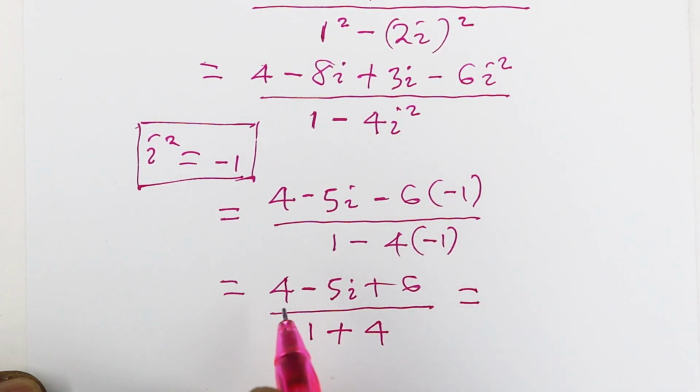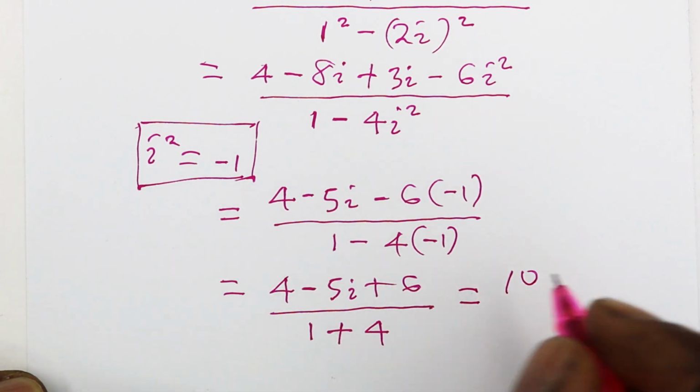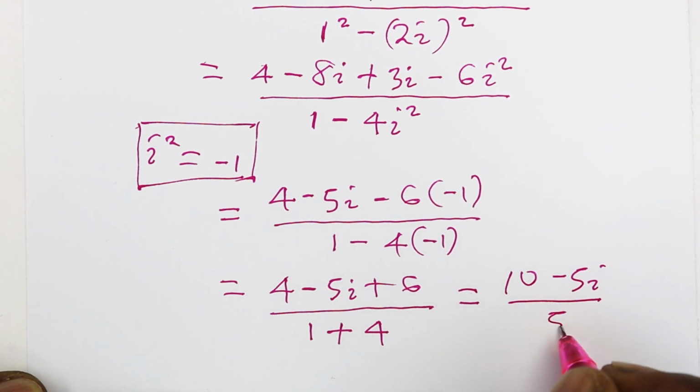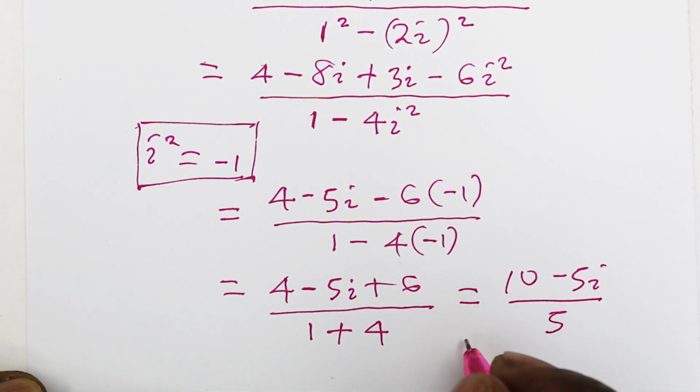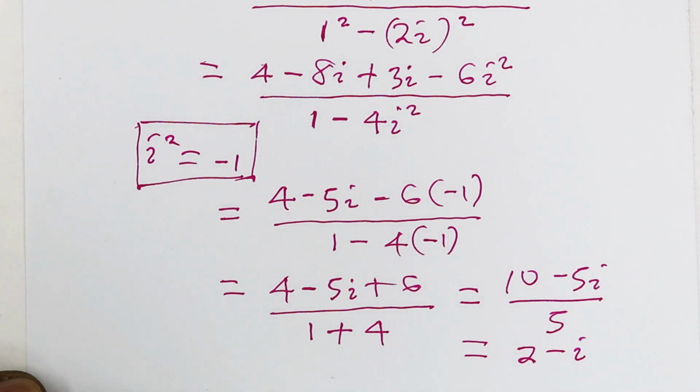So that we have 4 plus 6, which is 10, and then we have minus 5i. And then down here we have 5. So you can simplify this so that we have 2 minus i as our final result there.